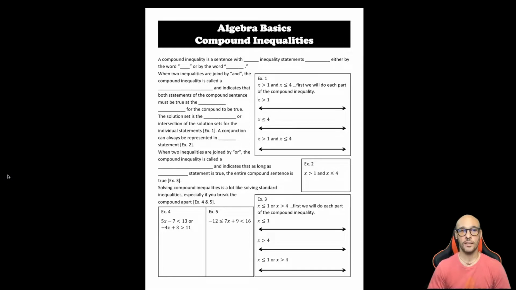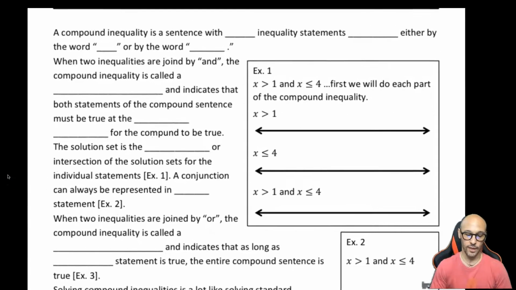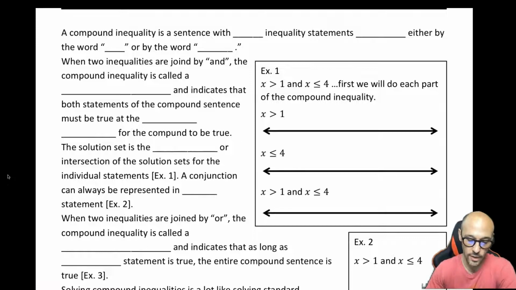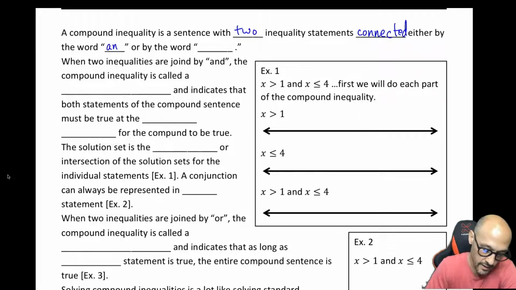Compound inequalities. A compound inequality is a sentence with two inequality statements connected either by the word and or by the word or.